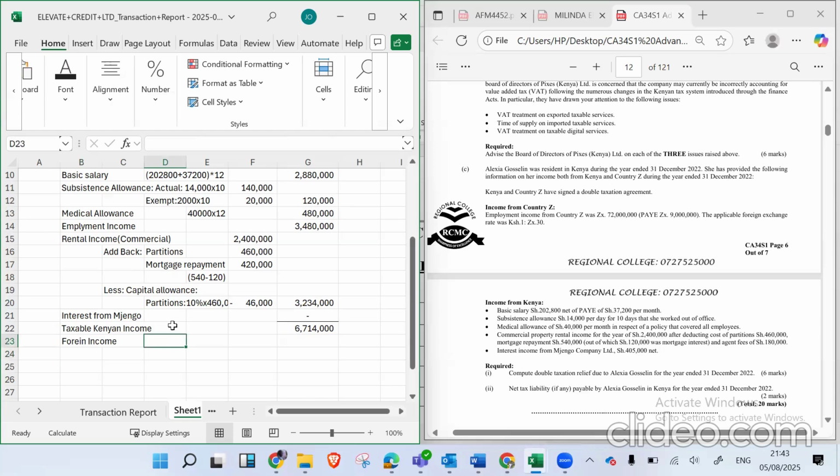I believe it's 1 Kenya shilling for 30 foreign currency. So 1 Kenya shilling divided by ZX30, times ZX 72 million.